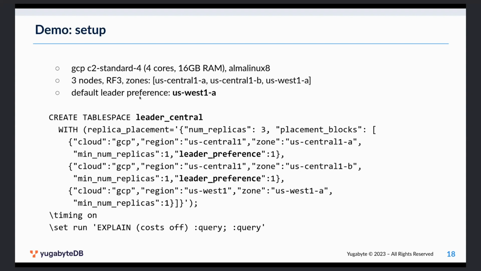And the default leader preference is on the west. I created a tablespace called leader central so that I can force some of my tables or indexes to have their leaders in the central region. I also set timing on to see the performance, and this macro called run will explain a query and then also run the query.